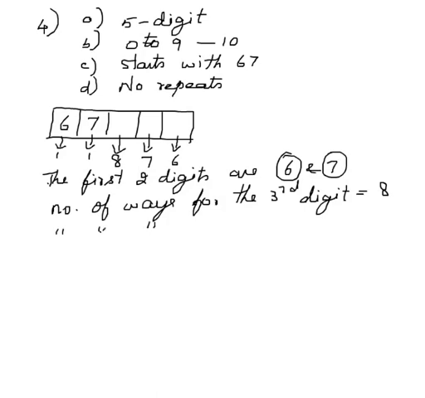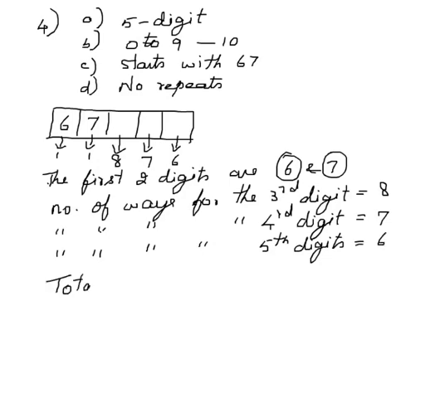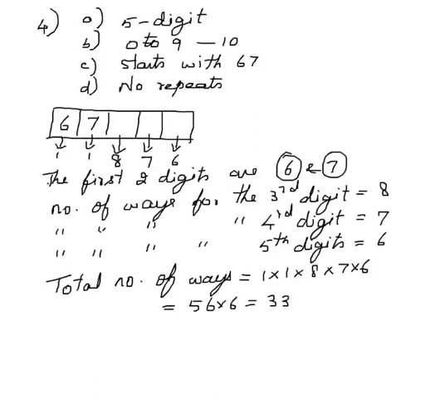Then number of ways for the fourth digit is equal to 7. Then number of ways for the fifth digit is equal to 6. So total number of ways, let us calculate. 1 into 1 into 8 into 7 into 6. 7 8s are 56. 56 into 6 is 336.